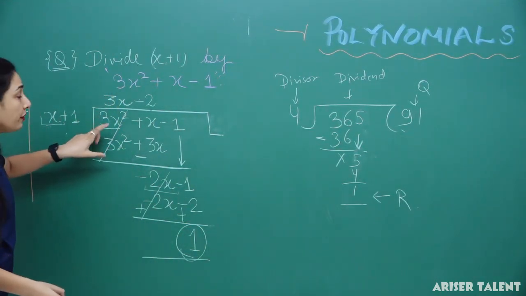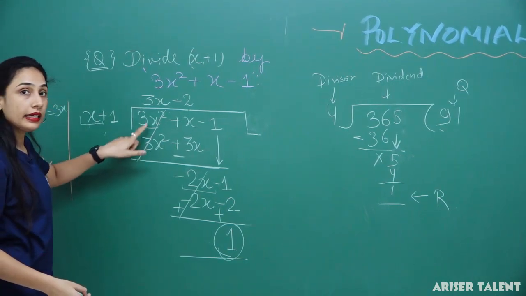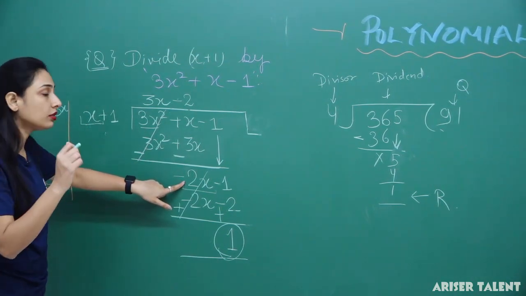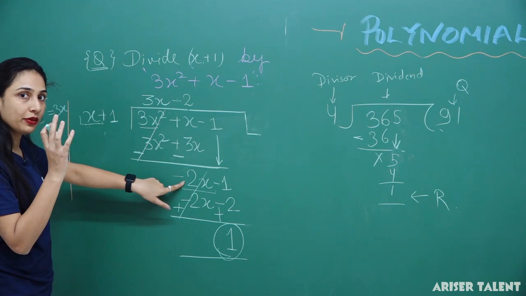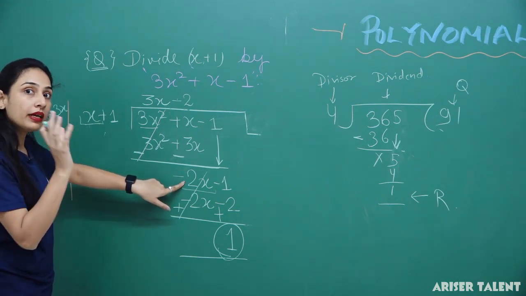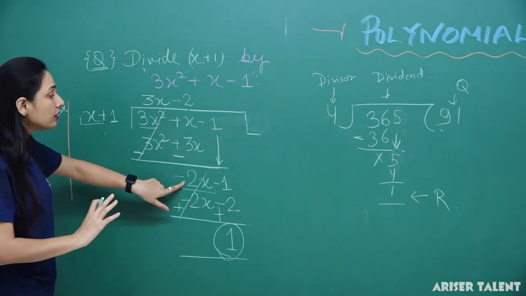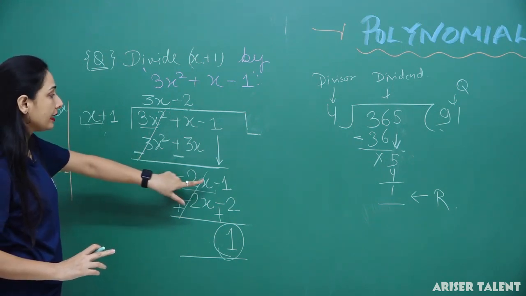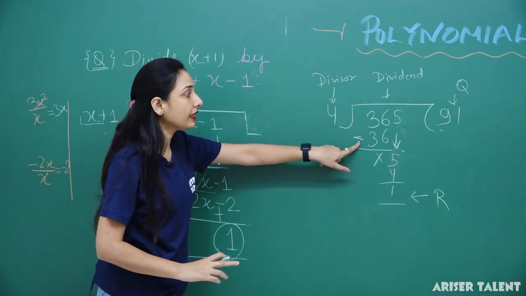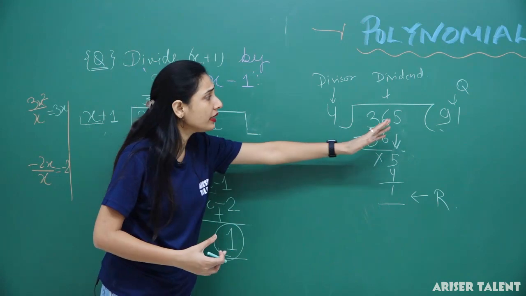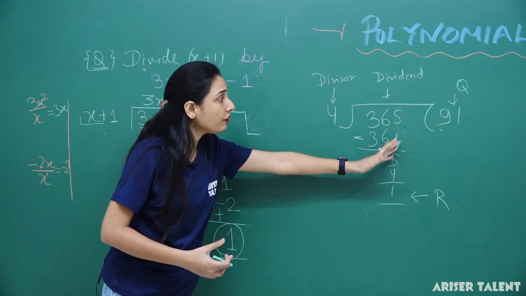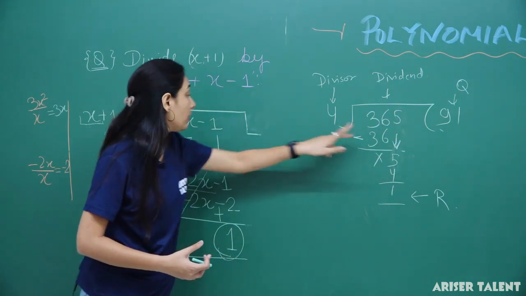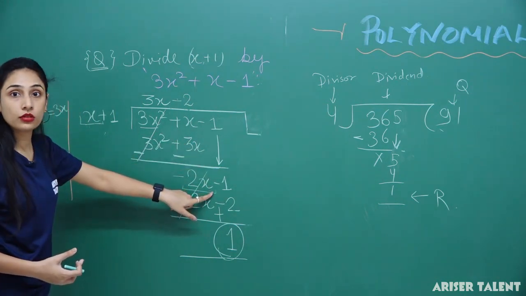Here also we are subtracting it. Here also we are subtracting. The process is same. It may look something different because you are not used to it, but the procedure is the same here. Now we are subtracting it and getting something. If nothing, then we are just carry forwarding the digits remaining there. Here also we are doing the same process.